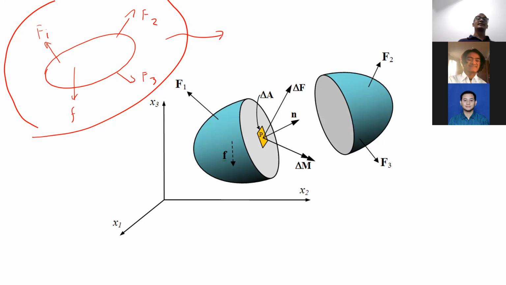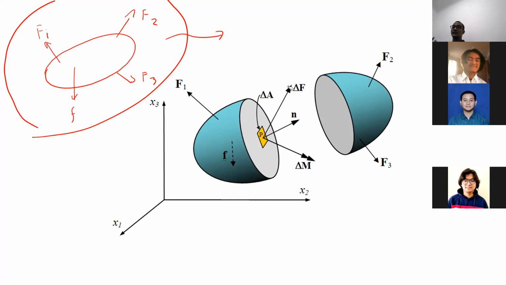So in order to determine whether a structure will fail or not, we have to know the stress inside of the structure, and in order to do that, we have to know about the internal force inside of the structure first. So that's it. It is very important for us to understand about internal force.